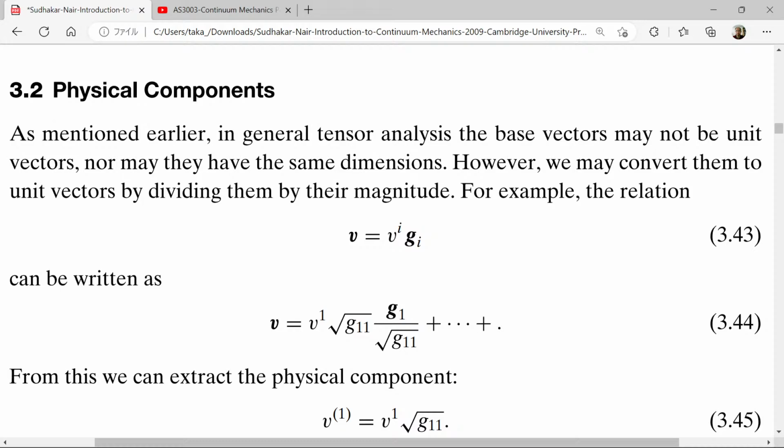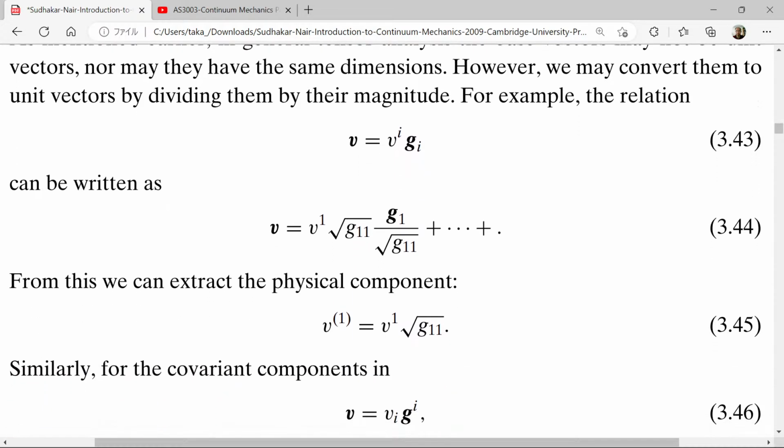For example, the relation V equals V^i g_i can be written as V equals V^1 square root G11 times g_1 divided by square root G11, plus and so on. From this, we can extract the physical component V1.